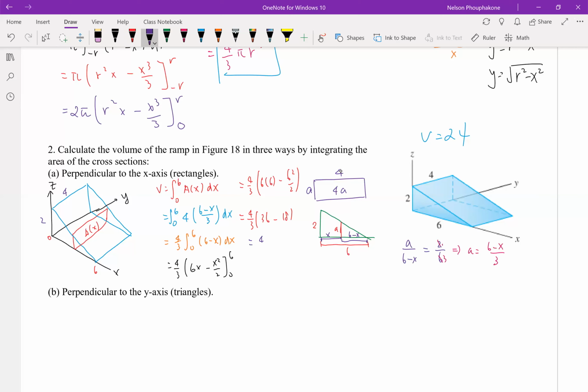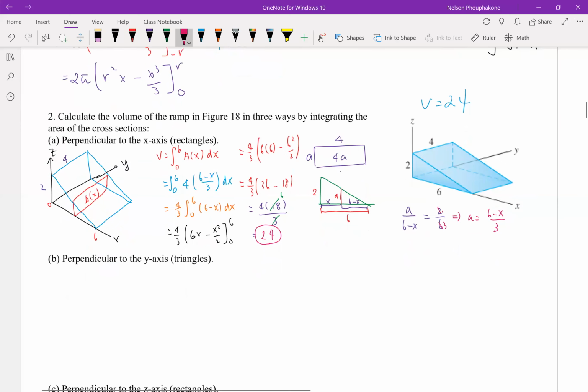So I will have 4 times 18 over 3. Then we know that the answer is 24. Wow. This is what we are looking for. Okay. Then now it is your turn.